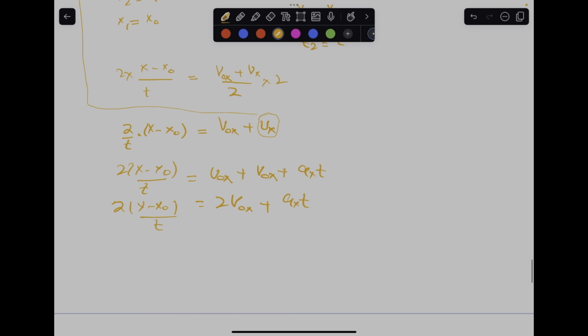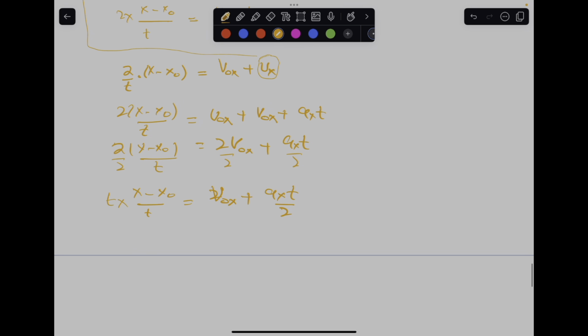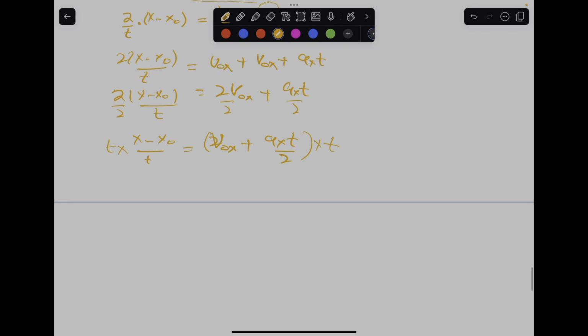Dividing by 2 on both sides, we get x minus x naught over t equals v naught of x plus ax t over 2. And when we multiply t on both sides, x minus x naught equals v naught of x t plus 1/2 ax t squared.